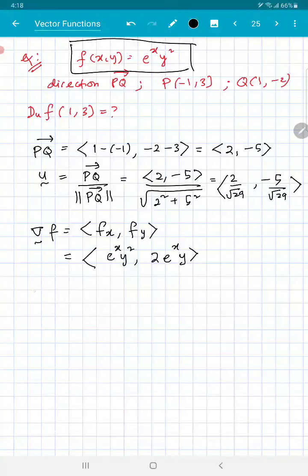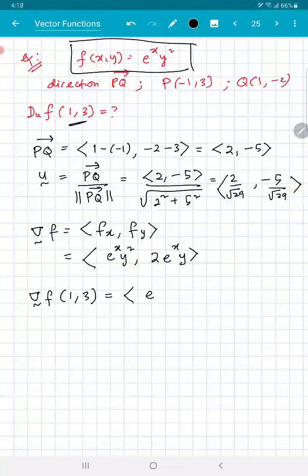Now we can find the gradient of f at point (1, 3). So that is a vector, and we just replace x with 1, y with 3. So we have e to the power of 1 times 3 squared, which is 9, and y is 3, 2 times 3 is 6, e to the power of 1 is e.